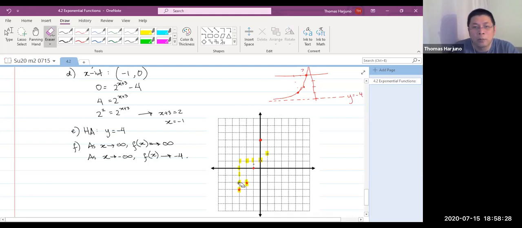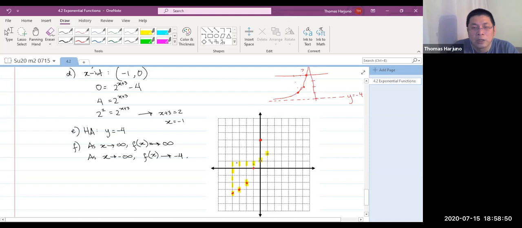Now how about the third important coordinate? This guy, (-1, 1/2). Move 3 units to the left, 4 units down, 1, 2, 3, 4, in between there. So this is the third important coordinate.